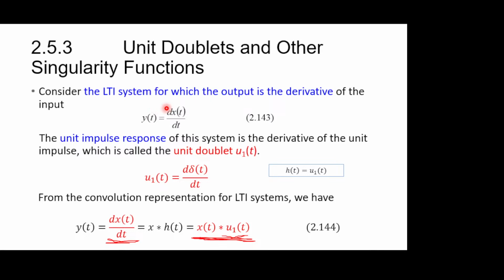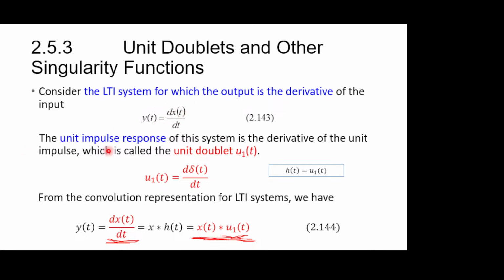Since it's an LTI system, there is a unit impulse response h of t for this system. We've been talking about this for the whole chapter: an LTI system is characterized by its unit impulse response, which is what you get when you put a delta of t as the input.